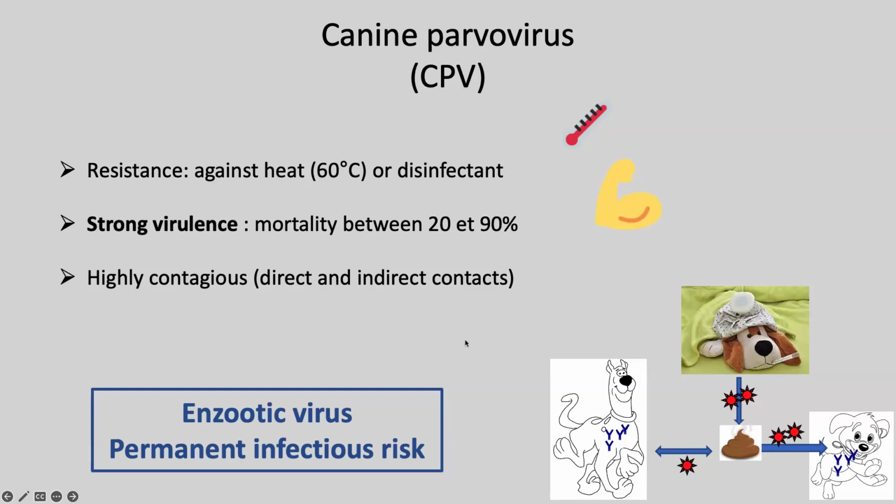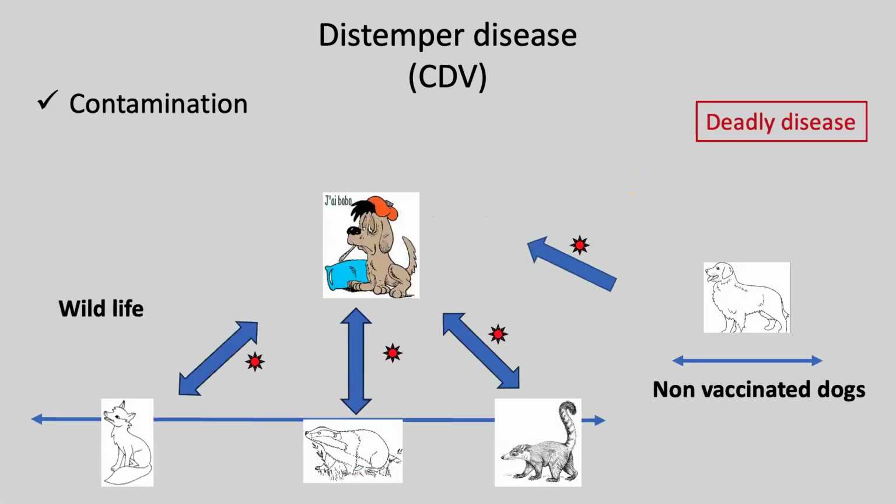So what about the two other diseases due to viruses? The first one is the distemper virus. I want to remind you that for non-vaccinated dogs, it's a deadly disease. And the question is how our dogs can be contaminated. It's quite a non-resistant virus, so we need direct contact between the animal that excretes the virus and the future contaminated dog.